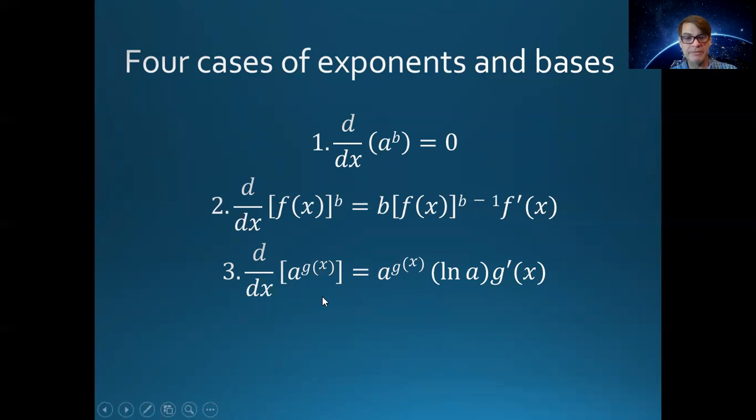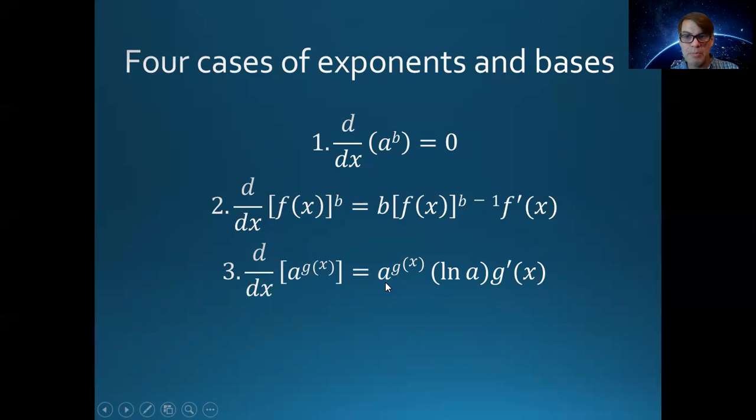And so if you have the derivative of a constant raised to a function, first we're going to pull out a g of x. This is not g to the x, it's g of x. Sorry, it's a little staggered there, but it's g of x. A to the g of x is going to stay out front, and then you're going to have the derivative of whatever this function is, g prime of x, times the natural logarithm of the base.